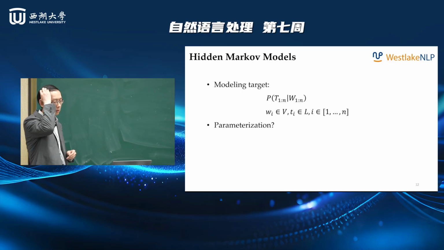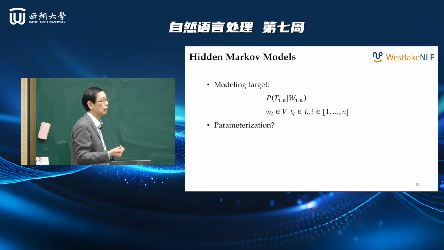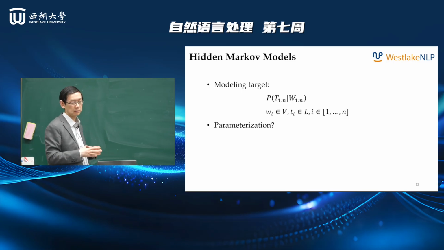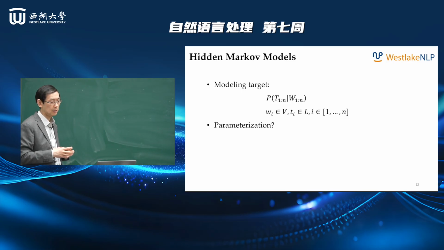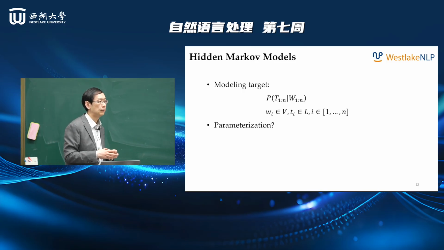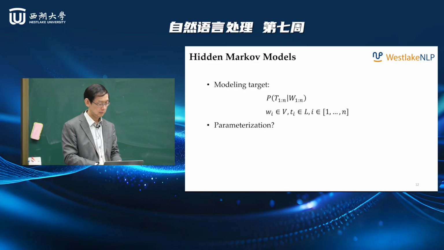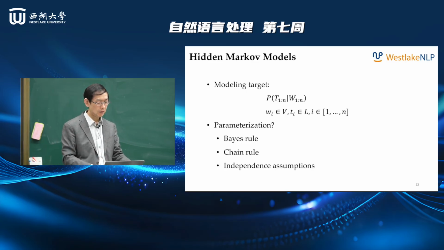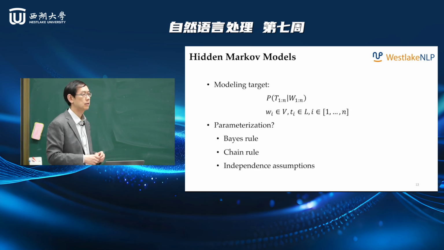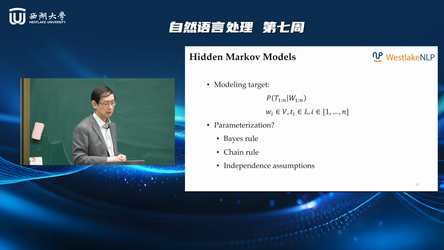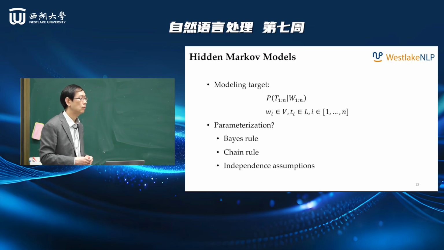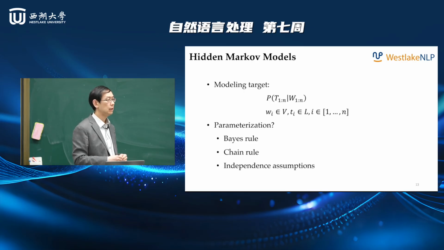The modeling target is the probability of T1 to N given W1 to N. N is the number of words in a sentence, and the vocabulary is V. The tag set is L. How do we parameterize the model? Everyone remembers, how do you parameterize a generative model? We have three tools. One is the Bayes rule, one is the chain rule, one is the probability independence assumptions.